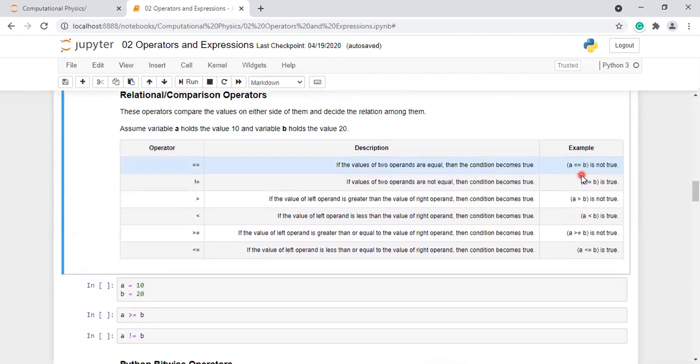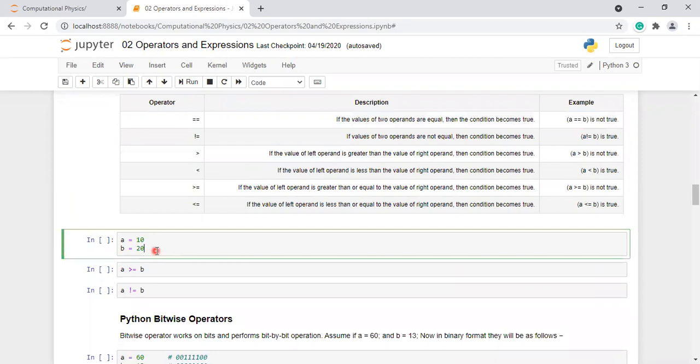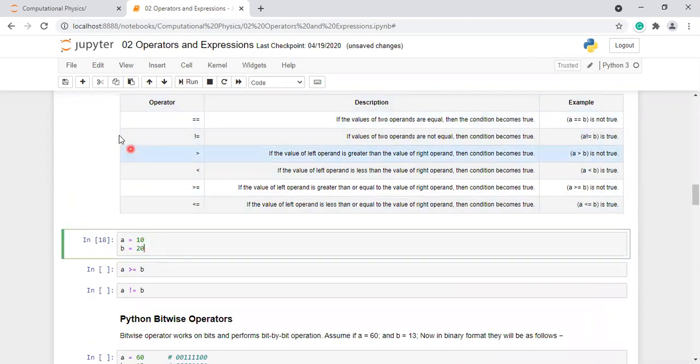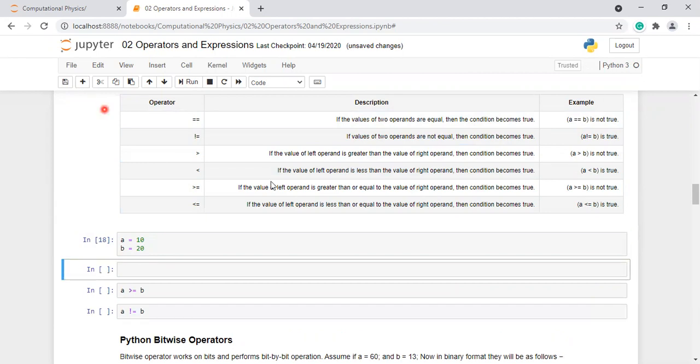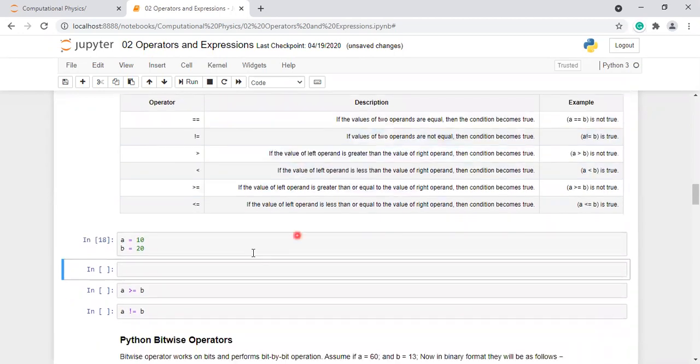So A equals 10, B equals 20. Let me run this cell and let me insert one more cell. Number one, A equal to B is not true.